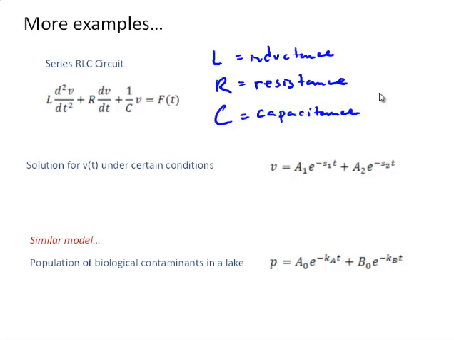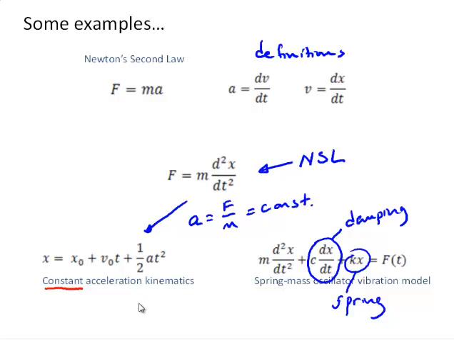Now you can solve that differential equation for the voltage as a function of time under certain conditions, and the result is this model, which is again an algebraic model derived from a differential equation solution. Very similar to what we had for our kinematics equation here, an algebraic model derived from a differential equation.